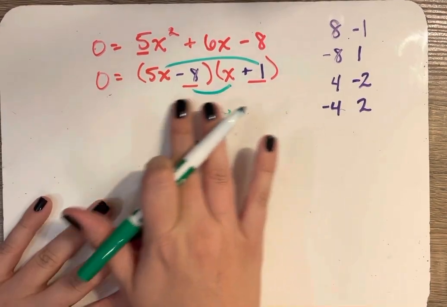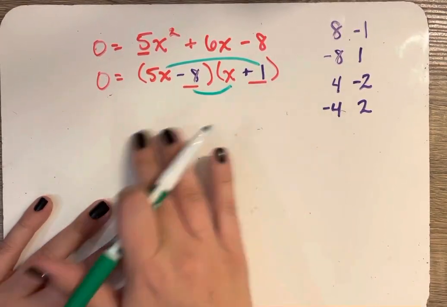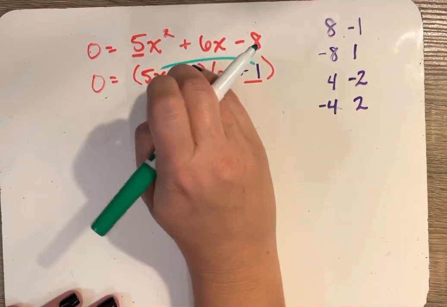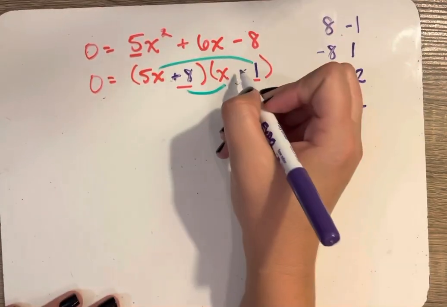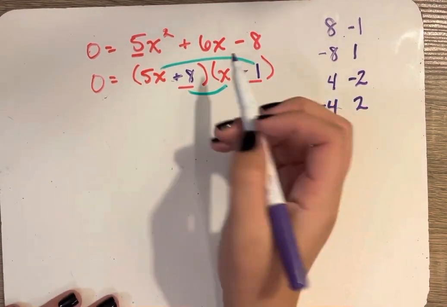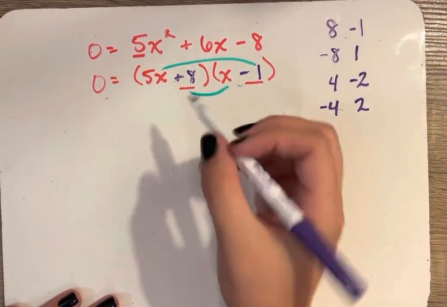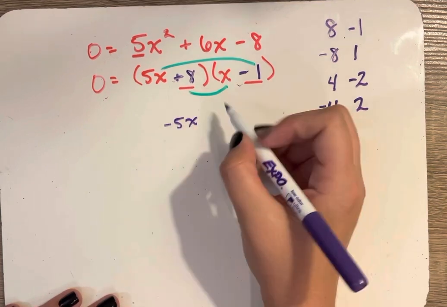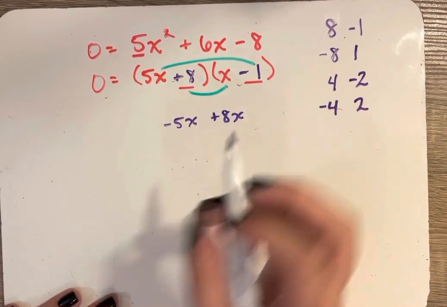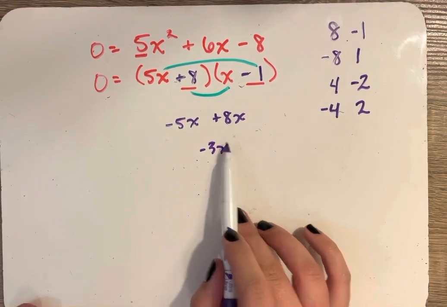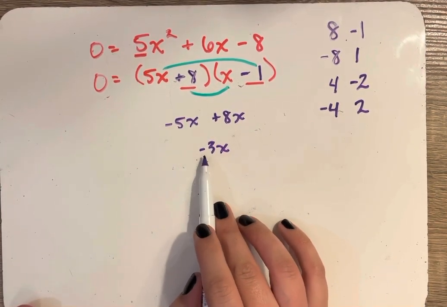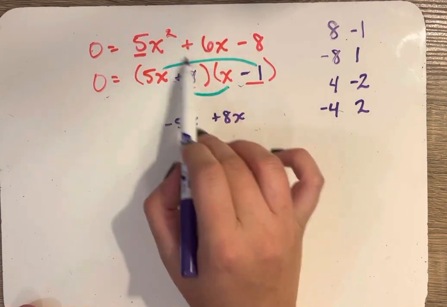So I can try a couple of things now. I can just switch the sign and see what happens. So change this to be +8 and -1. When I multiply, then I would get 5 times -1 is -5x plus 8x, which gives me +3x. So similar to what I got before, but now I have a +3x instead of -3x, which still is not what I want.